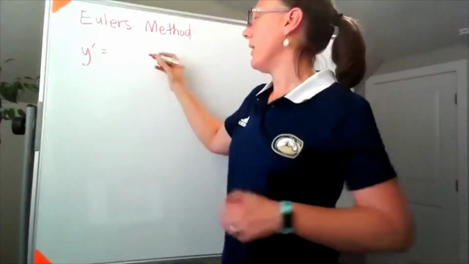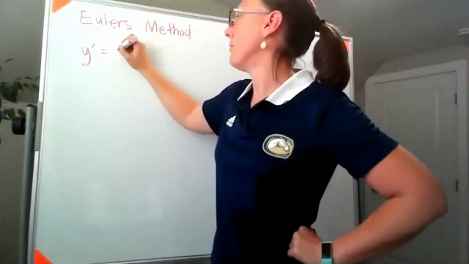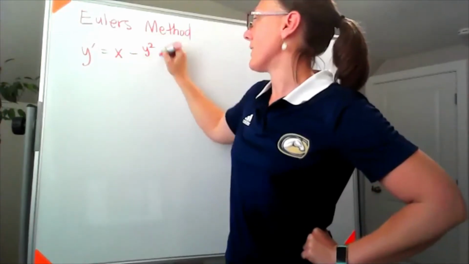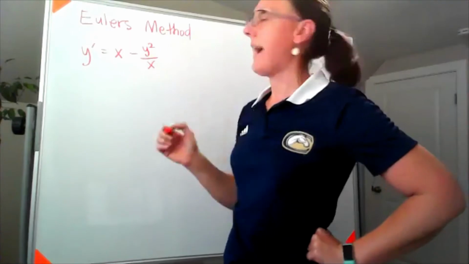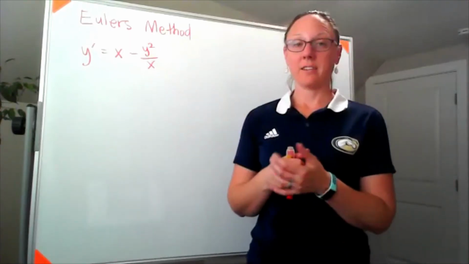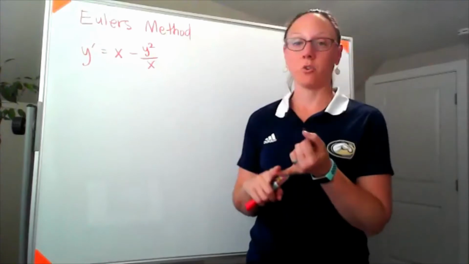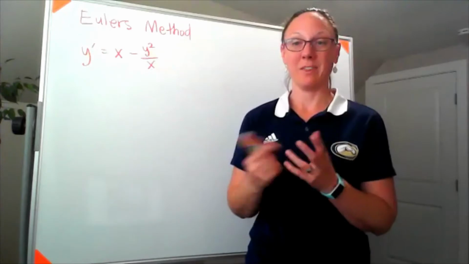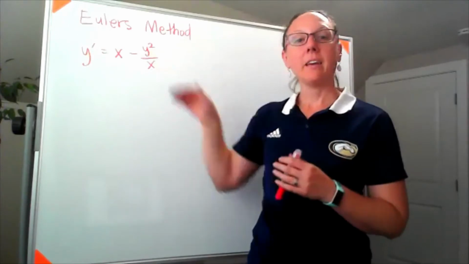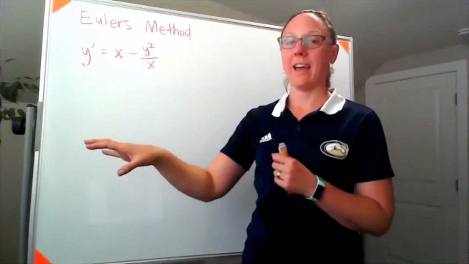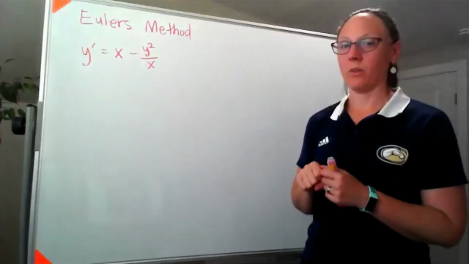y prime is equal to x minus y squared over x. If I had to classify this, well, it's not first order linear. It is first order, but that y squared term tells me that it's not linear. If this were going to be separable, I'd have to be able to write this side as something with x's times something with y's.